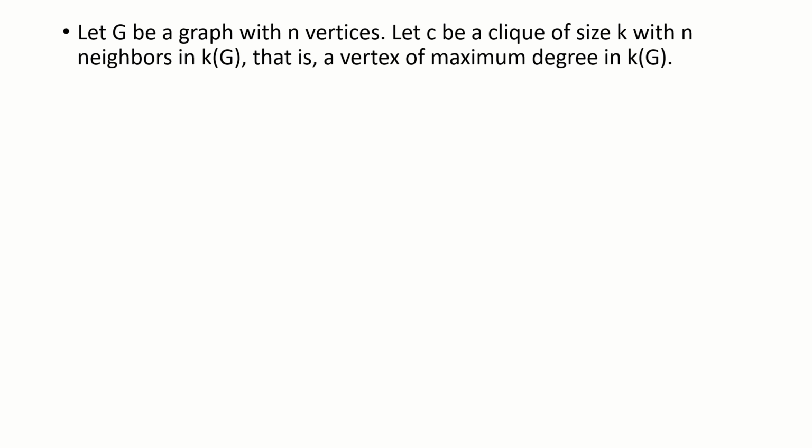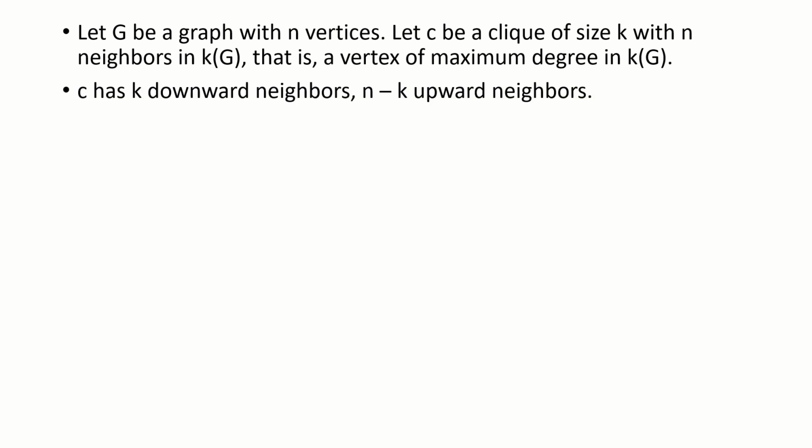That is, it's a vertex of maximum degree in K of G. In the simplex graph, this clique has k downward neighbors, or neighbors formed by excluding a vertex from it, and n minus k upward neighbors. That is, neighbors formed by adding a vertex to C.